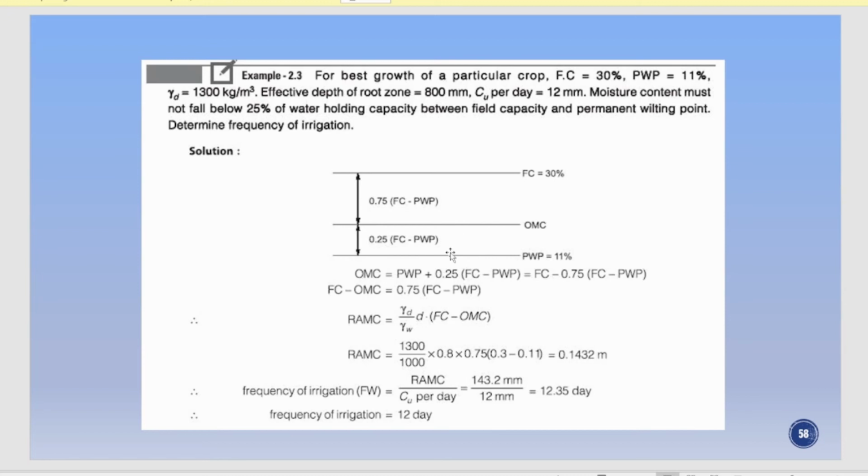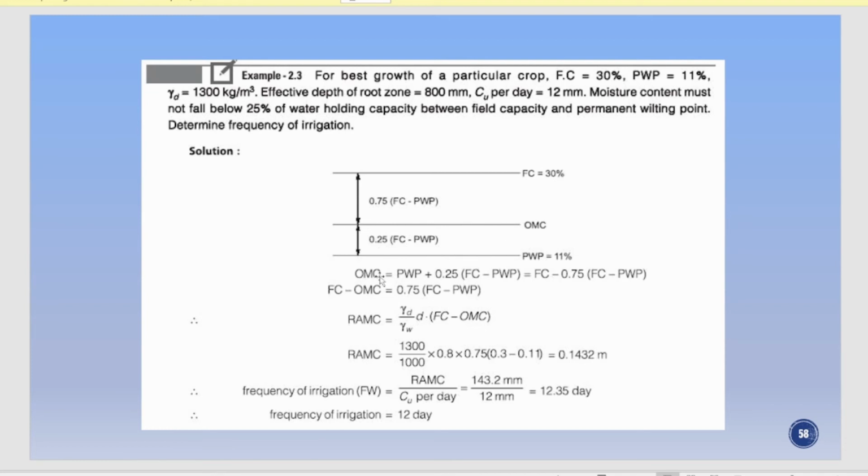So to determine OMC, the optimum moisture content, it will be PWP, which is the level of water already available, 11%, plus something from here to here. So PWP plus 0.25 times FC minus PWP.